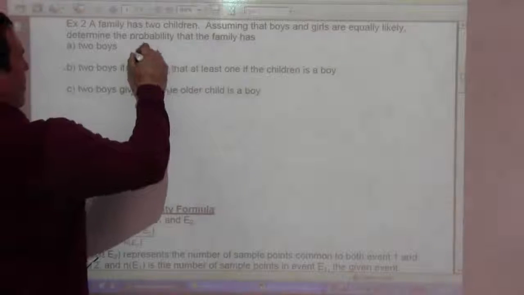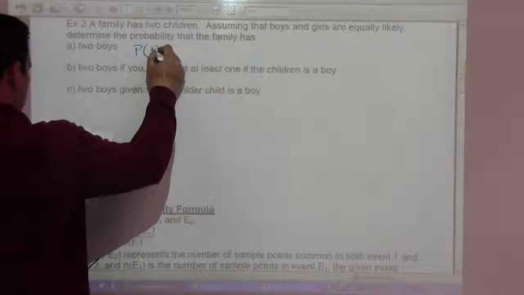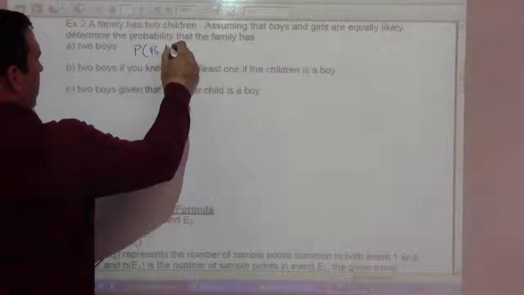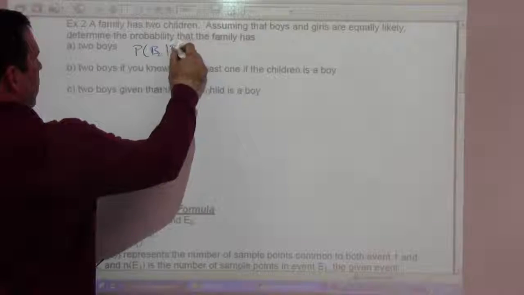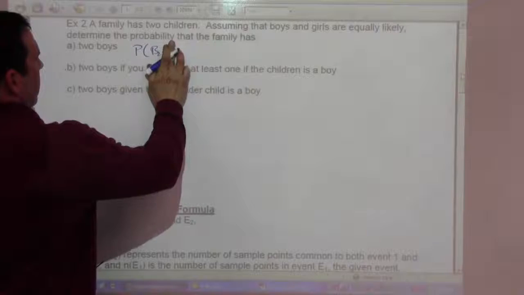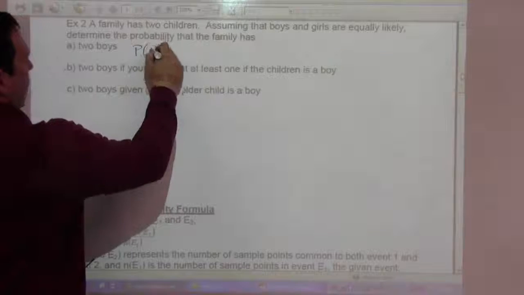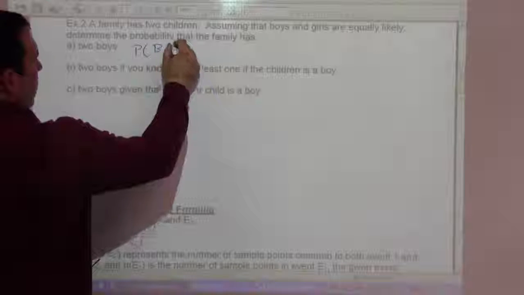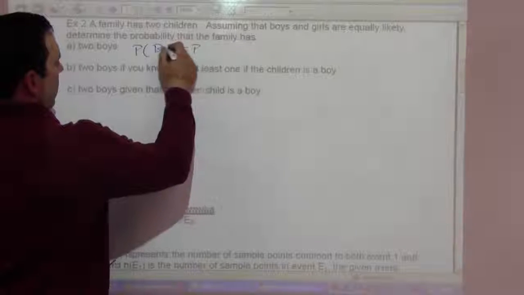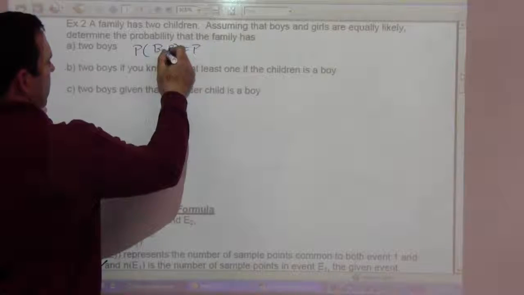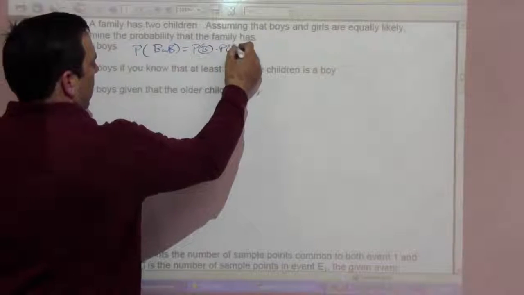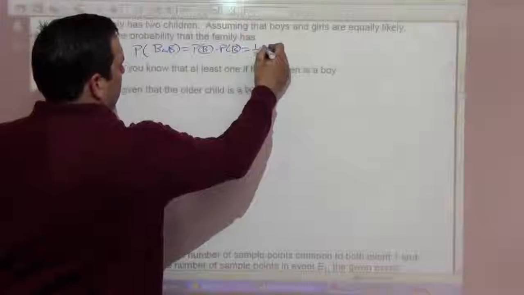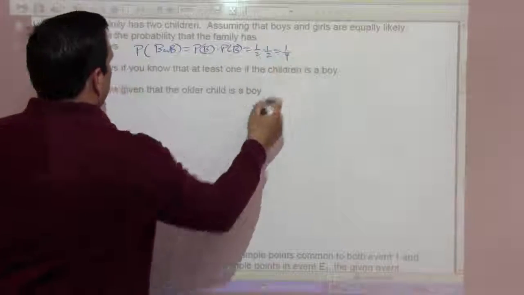So this is the probability of boy for 2 given boy in the first case. Now I think we can just call this probability of boy and boy. Probability of boy times probability of boy. 1/2 times 1/2 is 1/4.